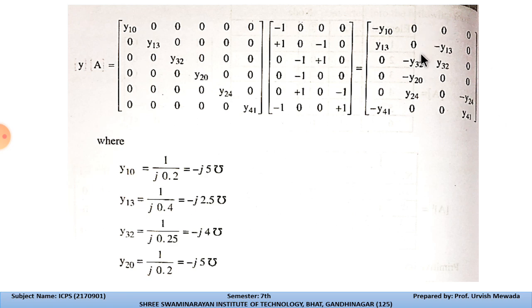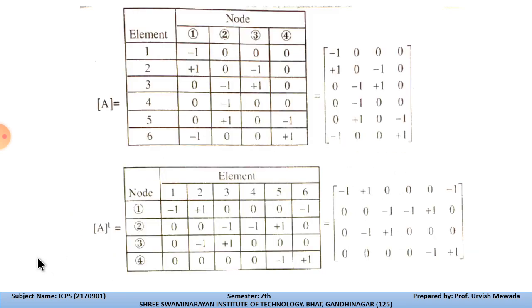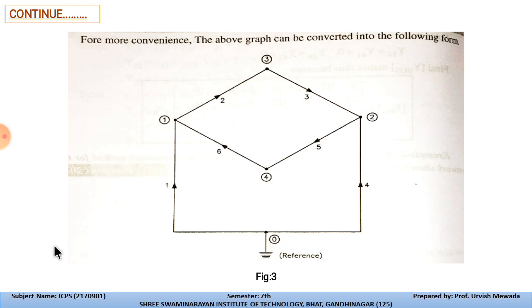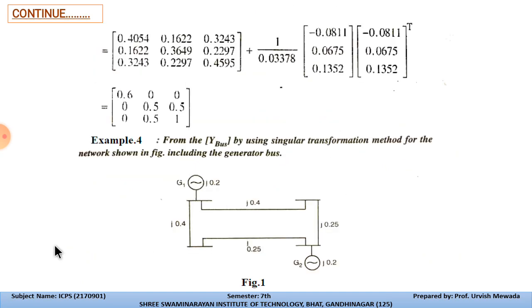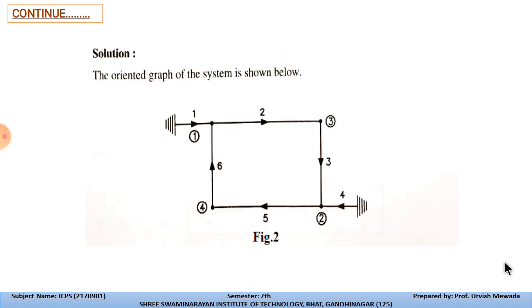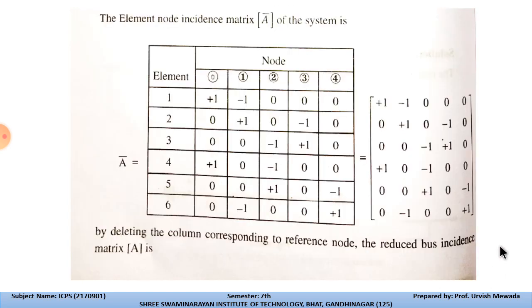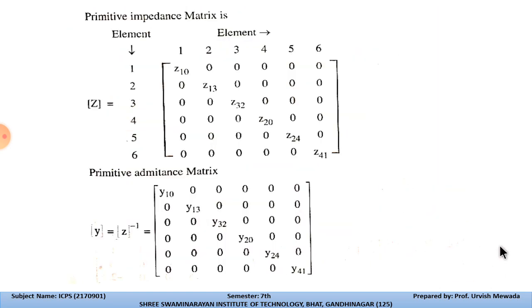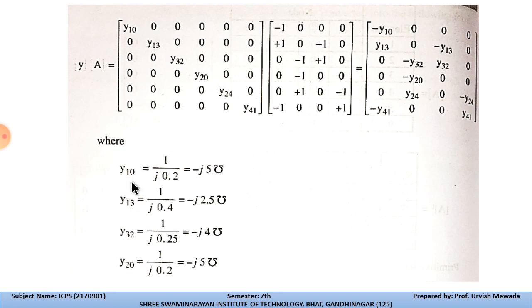So y10 is 1 upon 0.2, that is given. You can see y10 over here, it is given as 0.2. By putting the value of impedances in the admittance equation, we will have the values of y10, y13, y32, y20.